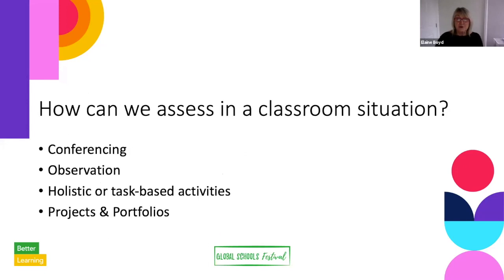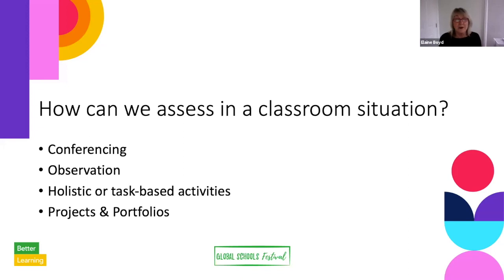So let's look now at some actual practical examples, and I'm going to look at 4 different types of assessment we can do in the classroom. We can do something called conferencing, which is asking deep questions. We can do observation, which most of you will be familiar with. We can assess holistic and task-based activities, and we can assess projects and portfolios.